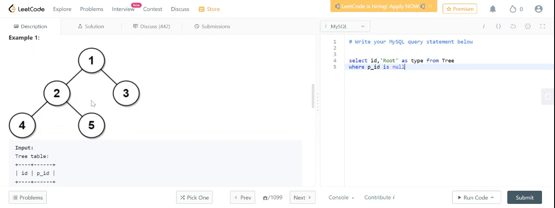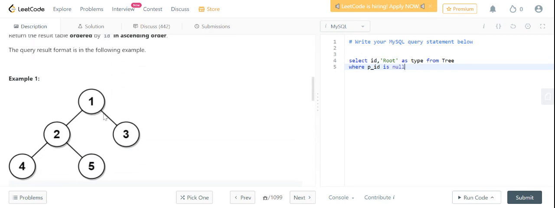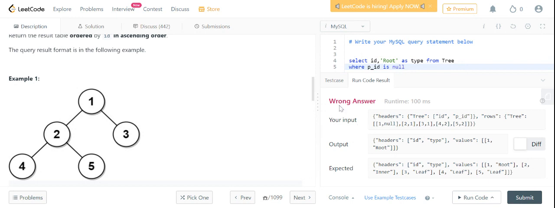This is how we define a root node, right? A root node is something which does not have any parent node. If we run this code, we get the wrong answer because we have not completed our query yet. But just to show you that we have got an output, a single record for id 1 as root. So this is satisfied.